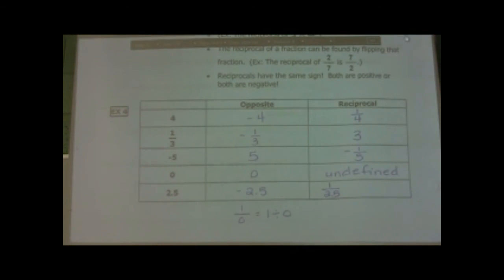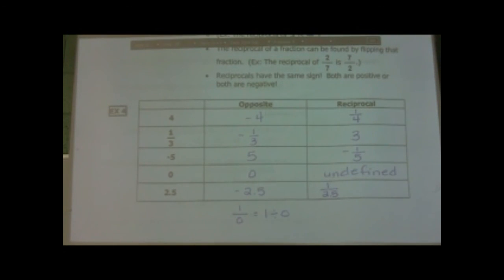You don't want to leave a decimal sitting in a fraction. There are some options. There are things we can do with this. You can put it in your calculator, 1 divided by 2.5. All right? And it'll give you what it is. And you can use that.